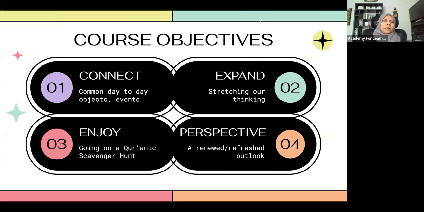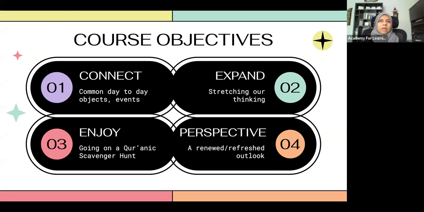So the idea of bringing these items up was basically to show that there are so many different ways that we can link everyday items, right? And combine it into a theme to connect to the Quran, right?